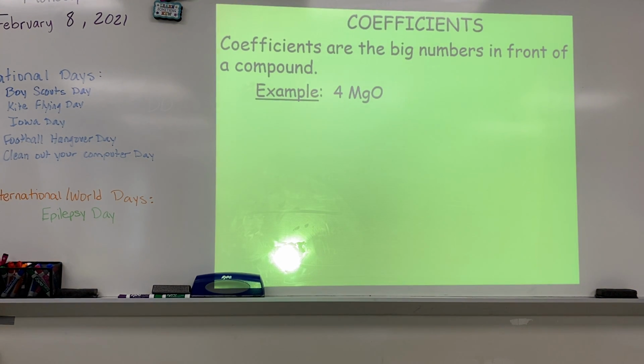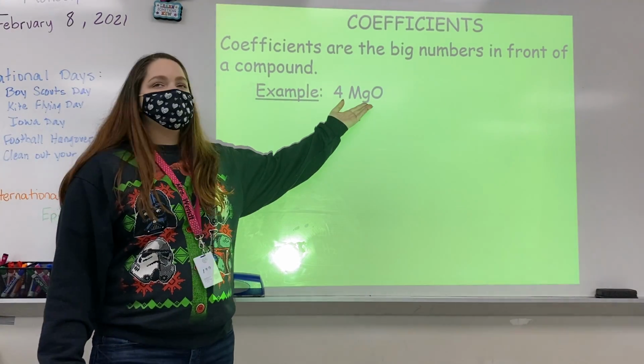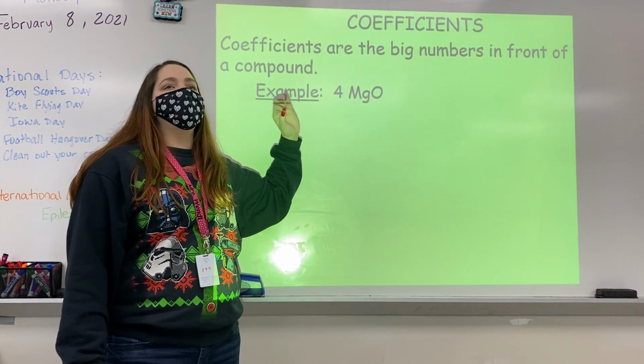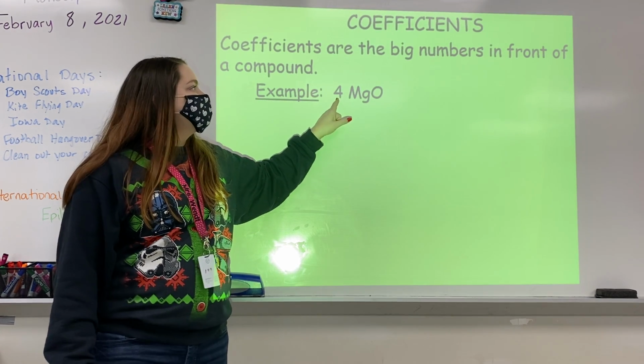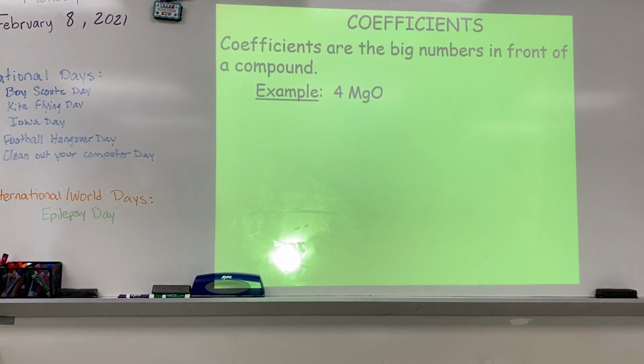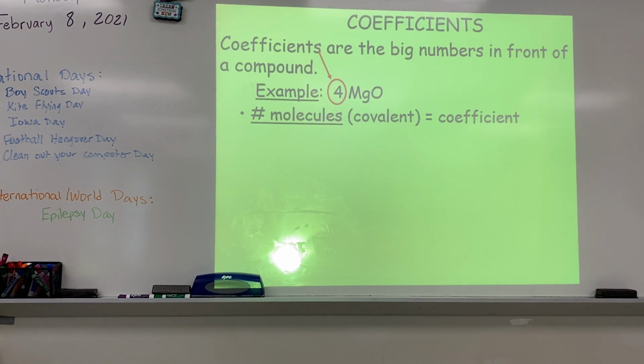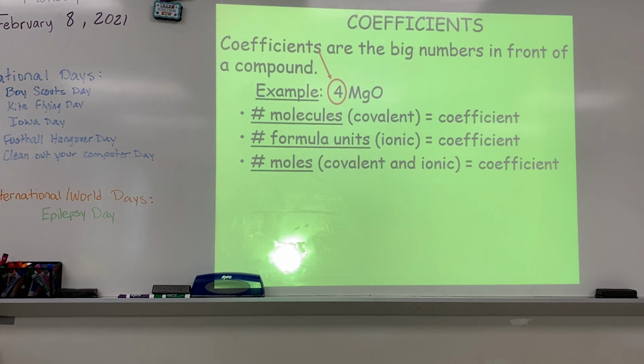So for example, if I have this number in this substance somewhere in my chemical reaction, this number tells me, this is my coefficient, the big number in front tells me that I have 4 of those things. Those things either being molecules or formula units, or most importantly, the number of moles.